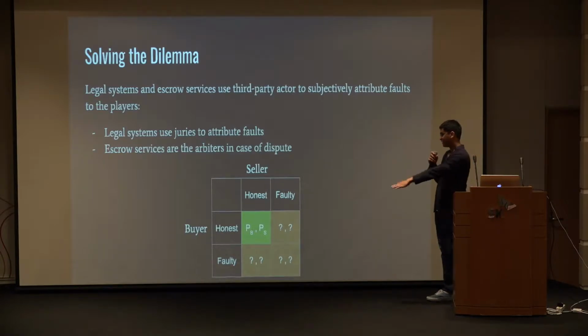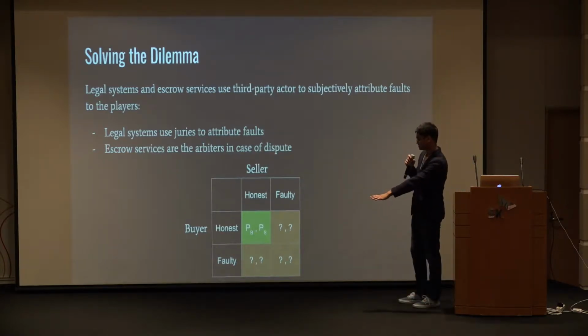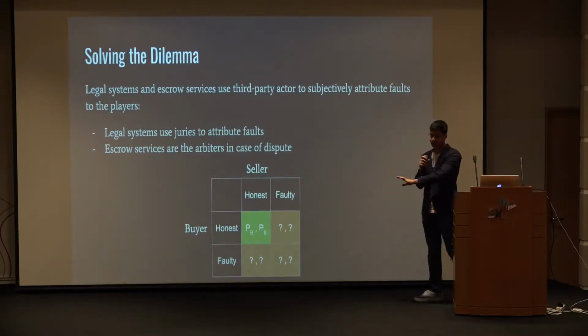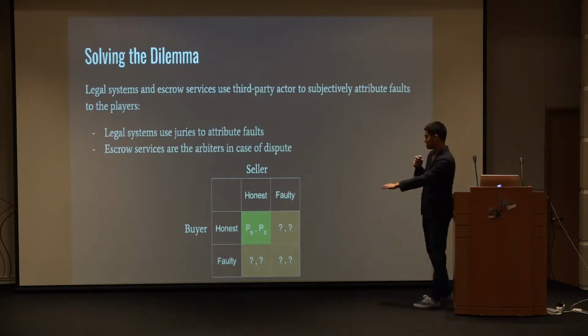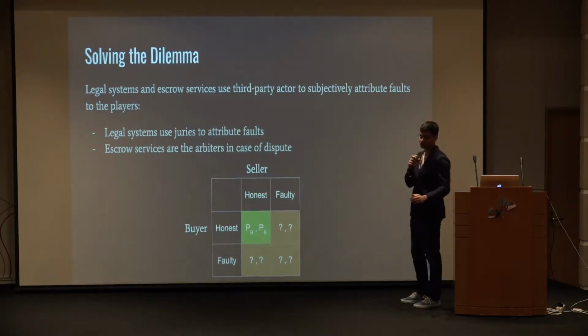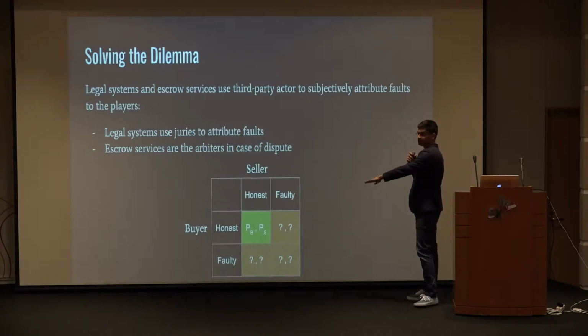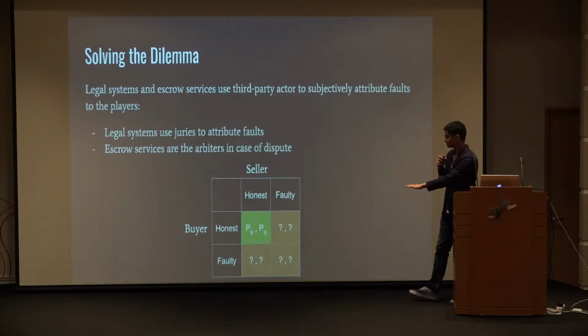So the game looks like this. You have a buyer and a seller, and they can either play honest or faulty. In the case of legal systems and escrow services, if everyone's honest and there is no dispute, then the players get the payoffs that they deserve.